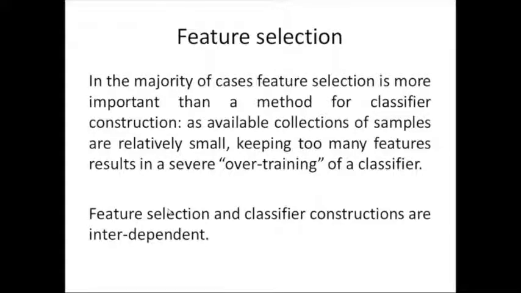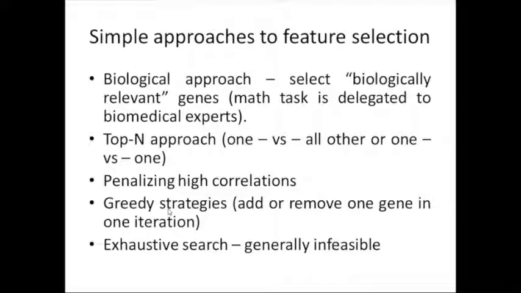There are standard approaches, for example, a biological approach to select genes that are biologically relevant to a question of interest. So in fact, it just delegates a mathematical task to biomedical experts. So it really simplifies everything for bioinformaticians, for mathematicians, but it complicates things for biomedical experts.